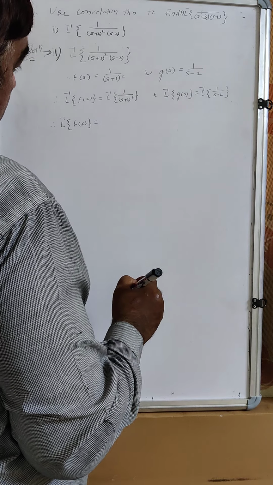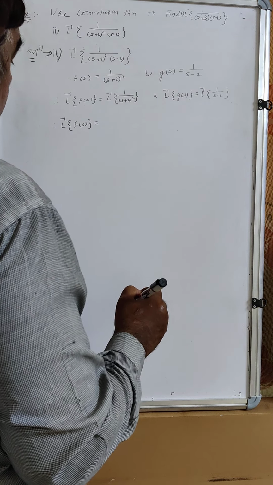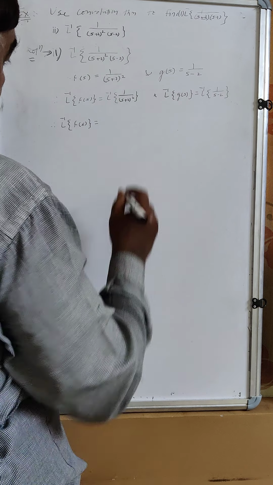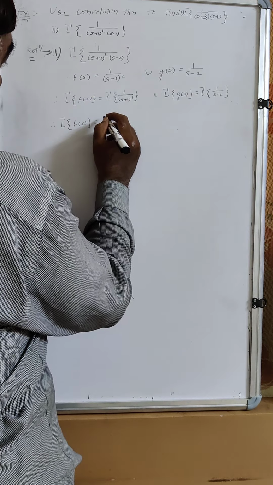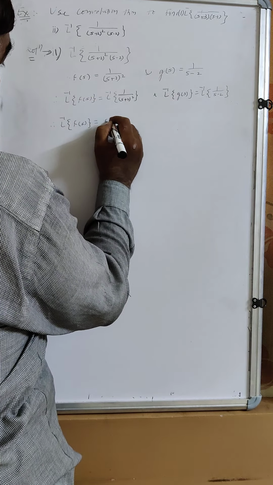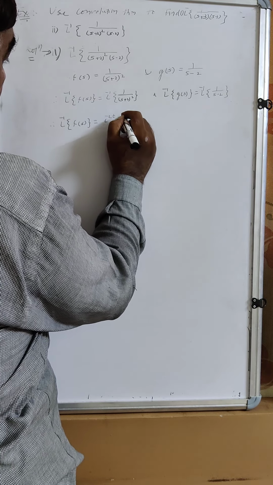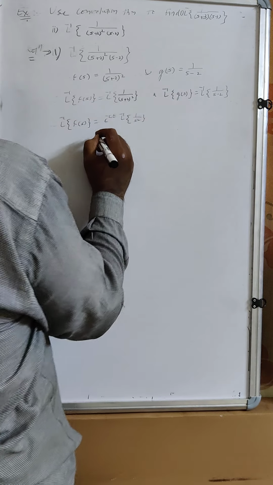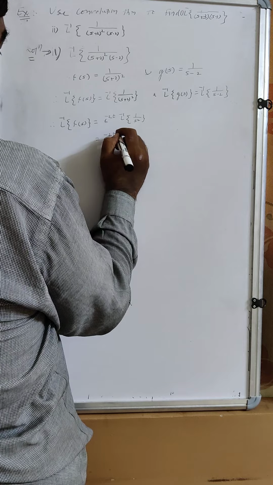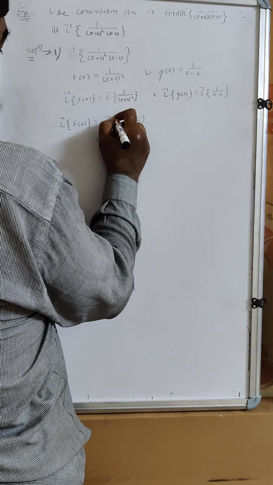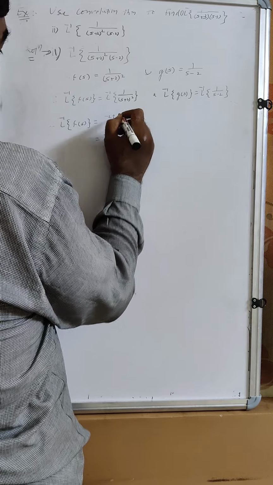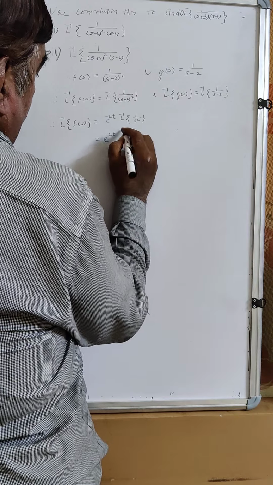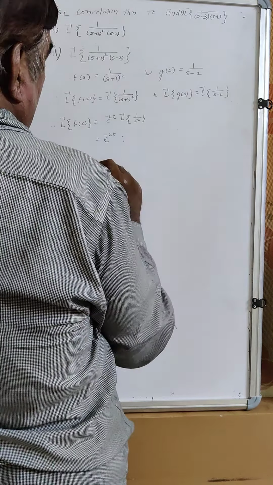Using the first translation property of inverse Laplace transform, the inverse Laplace transform of 1 upon (s square plus 2) whole square. Here e raised to minus 2t times Laplace inverse of 1 upon s square is equal to e raised to minus 2t times the Laplace inverse of 1 upon s square, which is t.